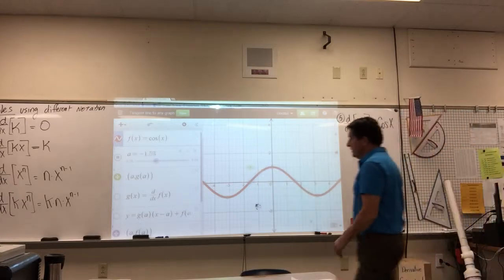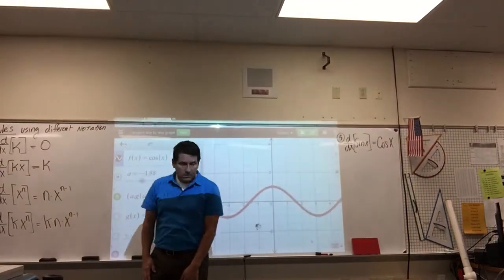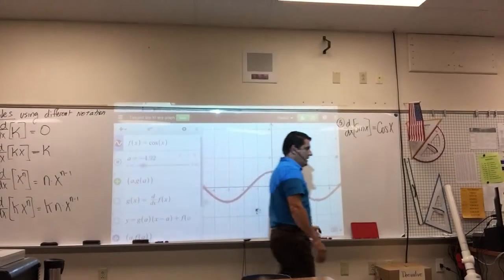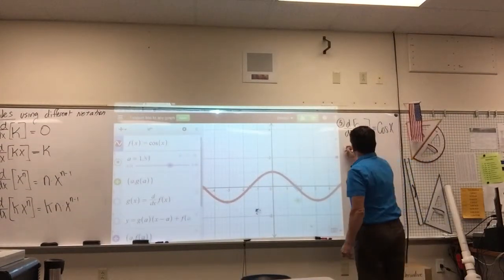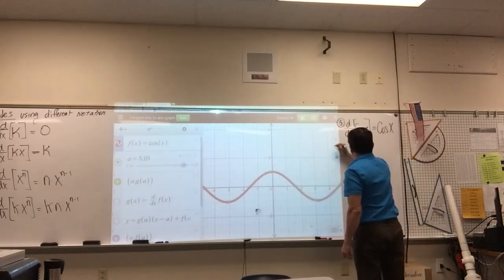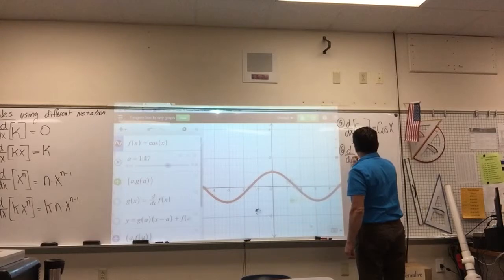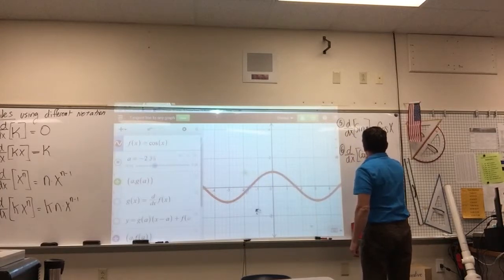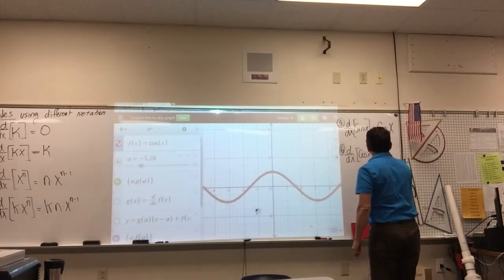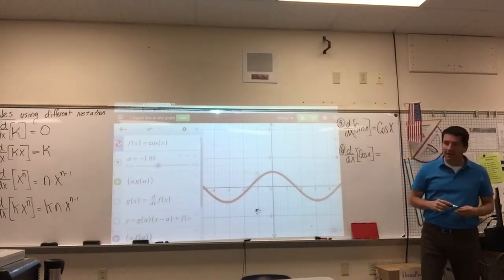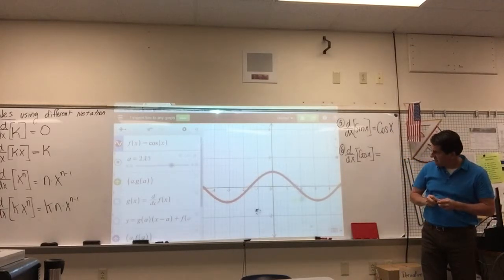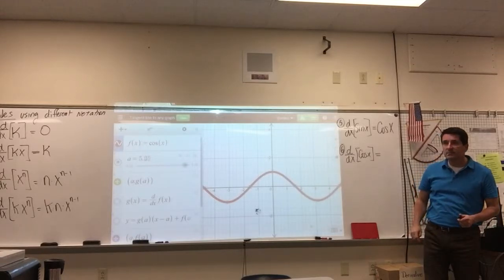So the question that is out there right now is, what is the derivative of the cosine? So we're going to say number 6, the derivative with respect to x of the cosine of x. Can you figure it out by looking at the picture? Is it the sine of x?